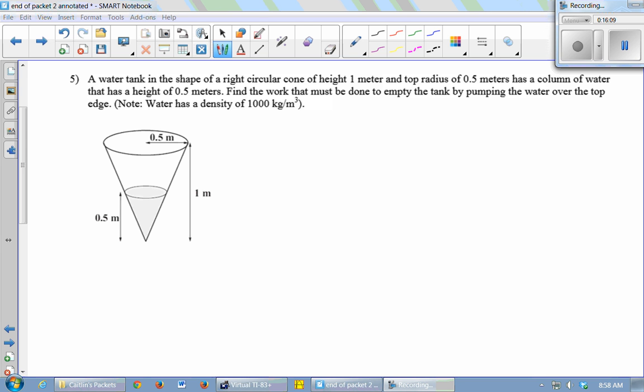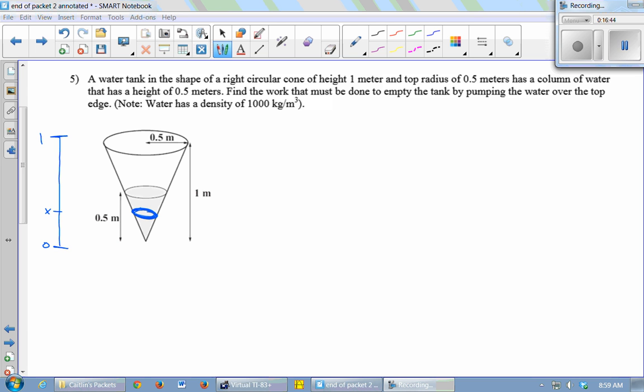All right, so let's make this sort of an axis. We'll have this be 0 and this be 1. And I'm going to pick a slice at a random height of x. So this slice, I have to figure out how much work I do to pump that little teeny slice out of the cone.